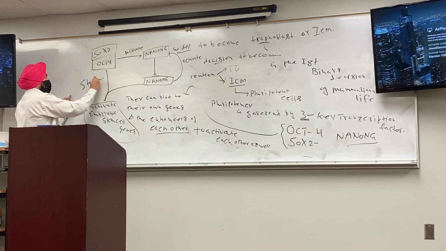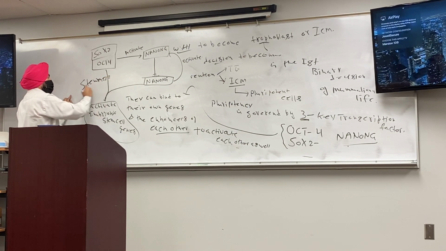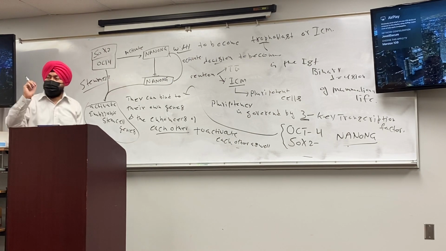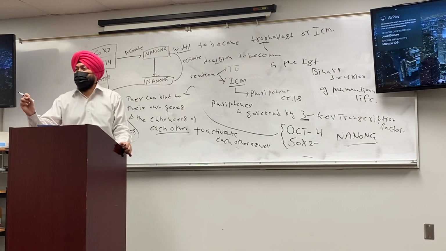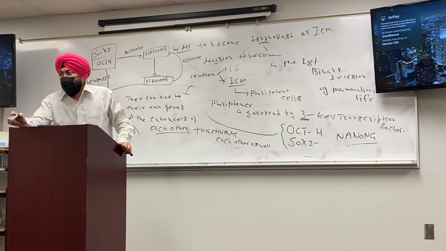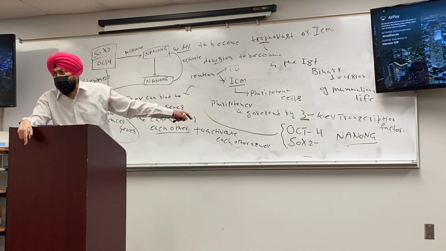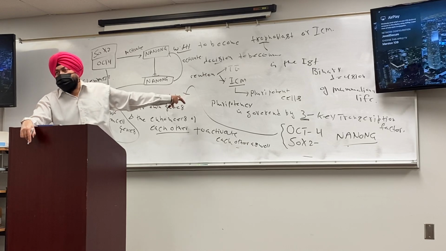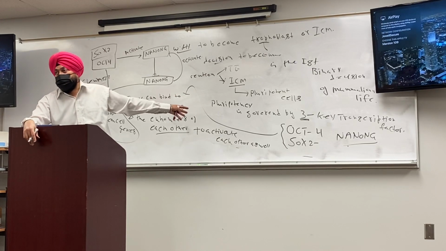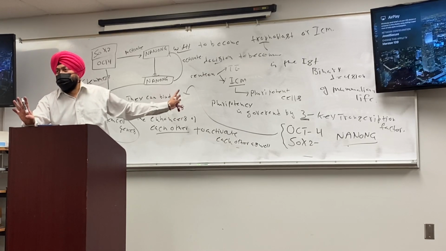Stemness is that characteristic that they remain undifferentiated, and only when they remain undifferentiated can they be pluripotent. We are saying these three genes keep them undifferentiated. So far it is okay.